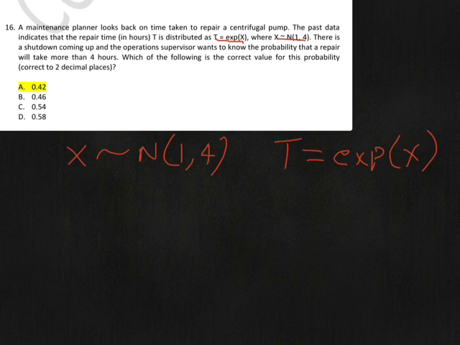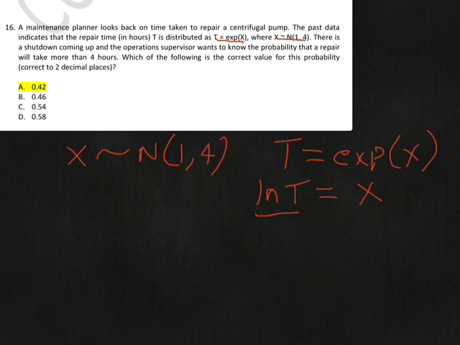Which means that if you take natural logs of both sides, we get ln T is equal to x. So that means that ln T is normal, because x is normal, and that's why it's called a log normal distribution.